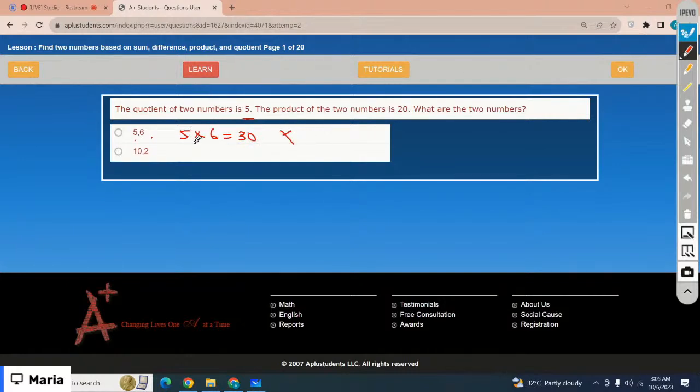The quotient means when you divide. 10 divided by 2 is 5, and when you multiply them, 10 times 2 is 20. So the correct option is the second one. 10 and 2 are the numbers. When you divide them, you have the answer 5, and when you multiply them, you have the answer 20.